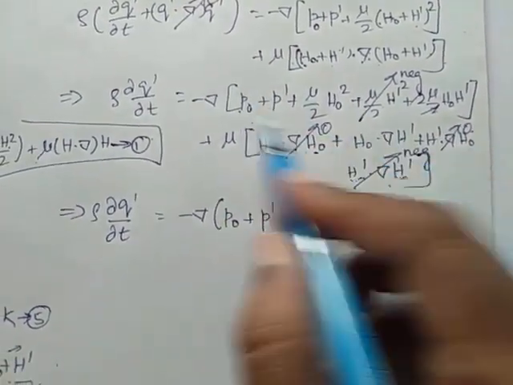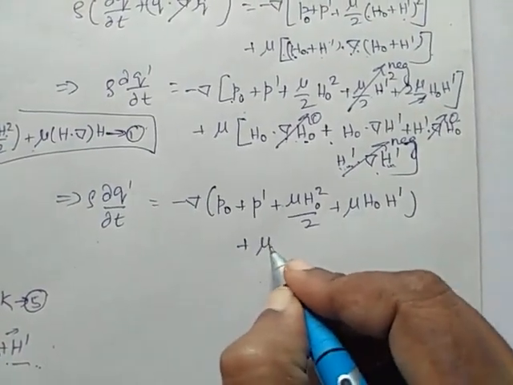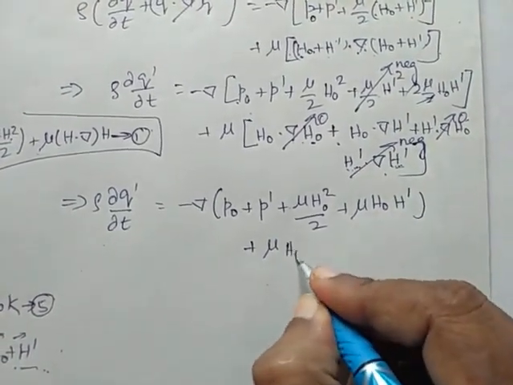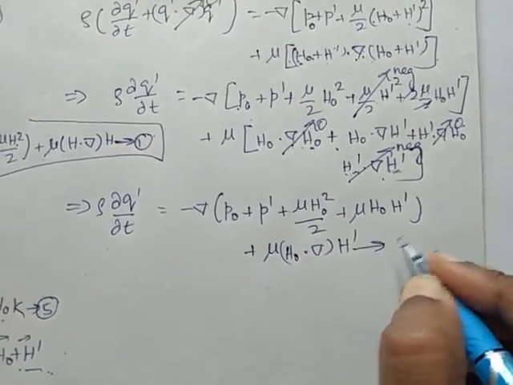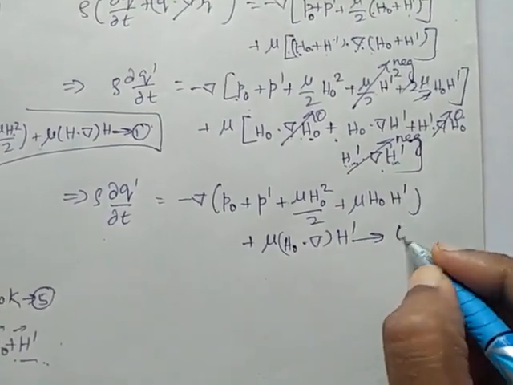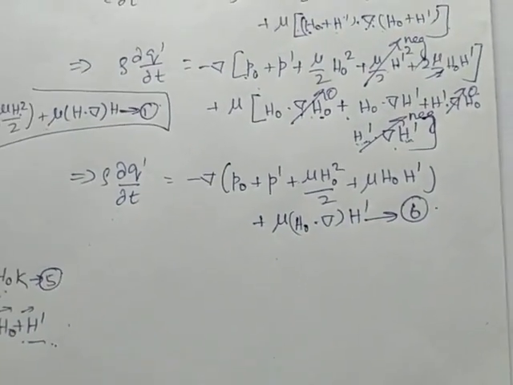This is our pressure term, and then we have the second term as mu H naught dot del H dash. So I'll take this equation as 6. So this is our momentum equation.